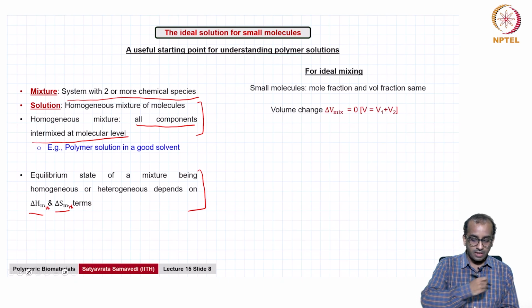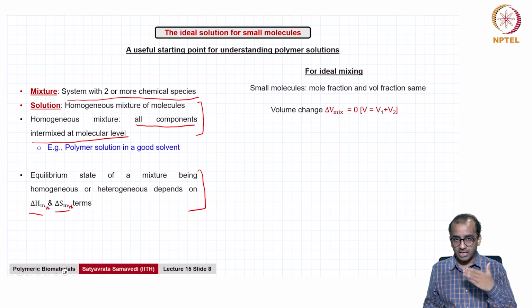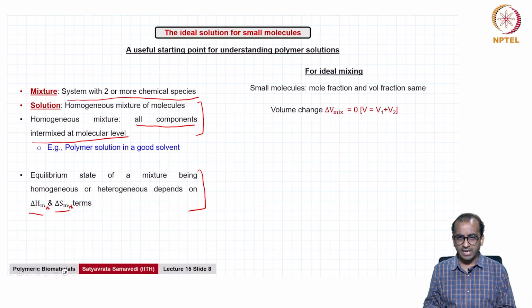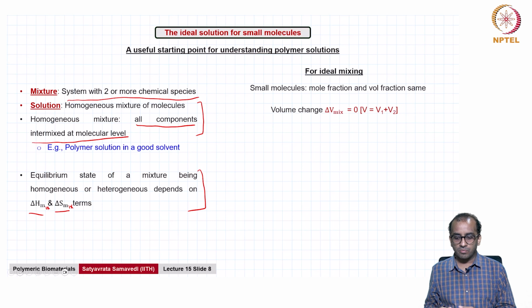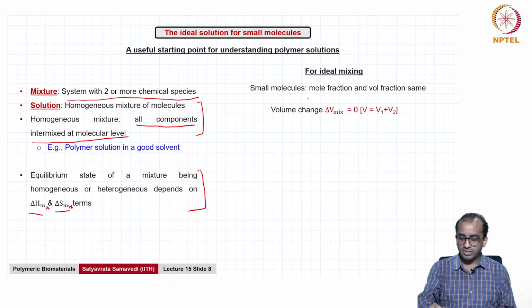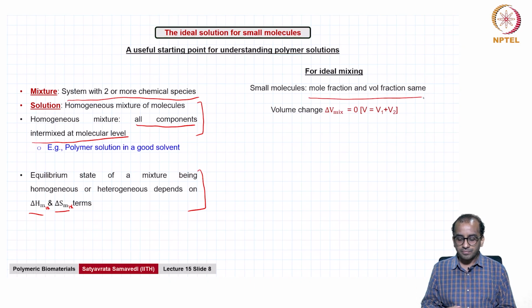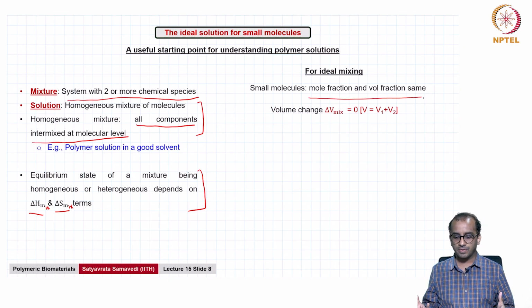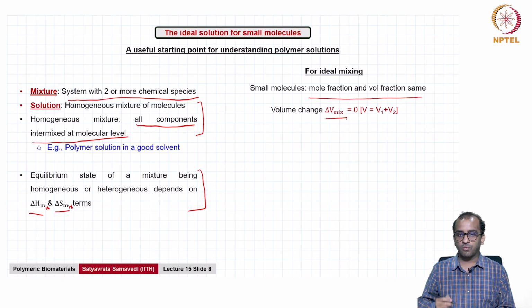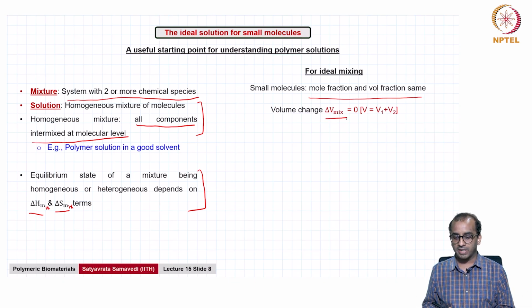Now, we consider the case of ideal mixing. Just as we saw for ideal gases, you can also have something called ideal mixing, where you consider two sets of small molecules that are mixing, let us say two liquids, where mole fraction and volume fraction are the same. For such a system, when they mix, for ideal mixing, the change in volume occurring from mixing, so delta V mix, is 0.